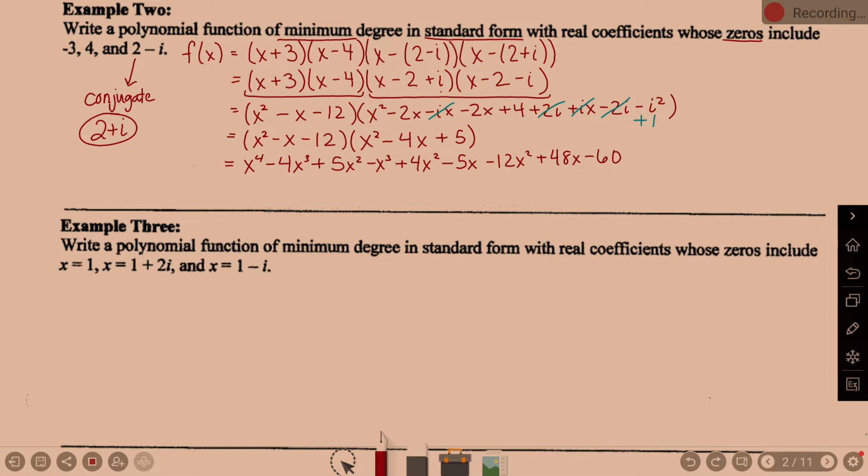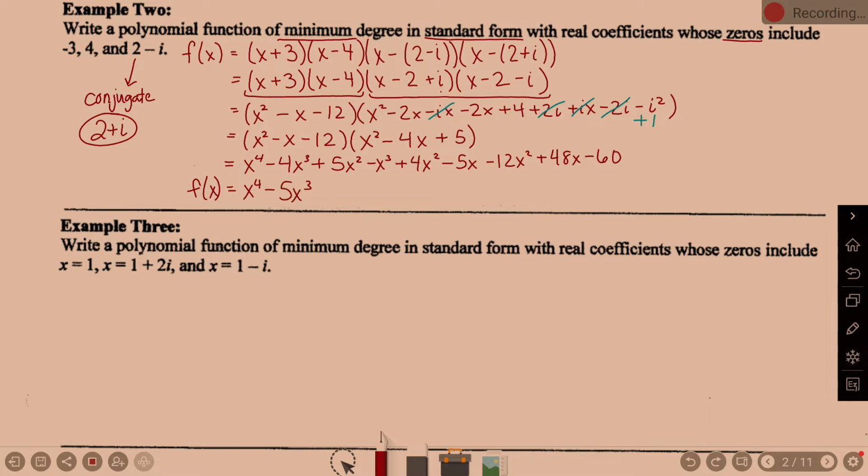Final step. Hang with me this long. You've made it. We just have to clean it up. Okay. I see an x to the 4th. Minus 4x cubed and minus 1x cubed.